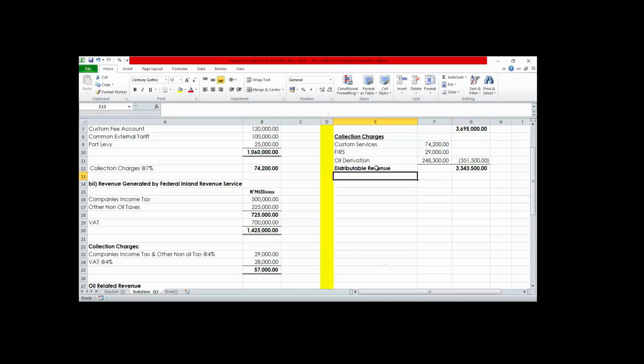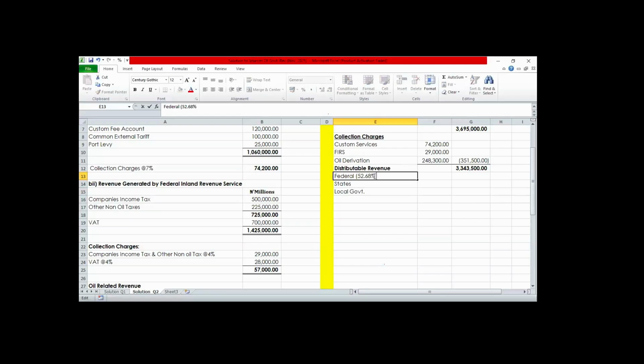Now, federal, state, local government. From the federal end, what do we do there? We have 52 point what? Based on what we have in the question, 52.68%. Is that not so?